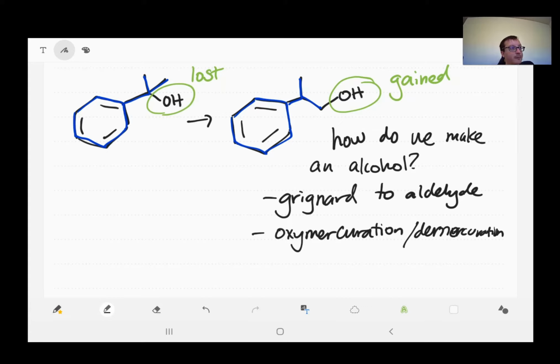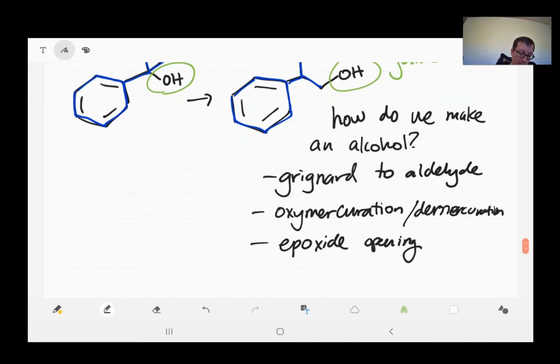We got 2 of them. There's like only 10 more. I was gonna say, from epoxides, we make an epoxide and open the ring? That works. Okay, that works. What else? I'll put a couple more. They may or may not be useful, but let's see. What else do we have?